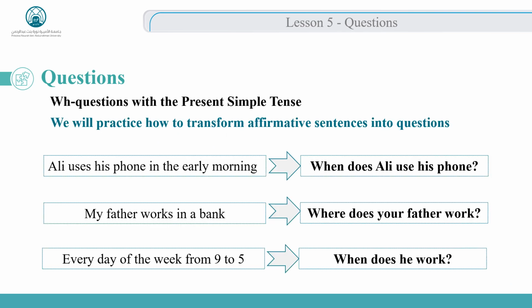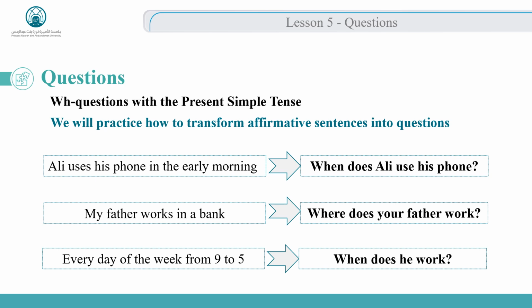The structure of the WH question would go like this. First, we start with the WH word, when, why, where, what, or how, and then we use an auxiliary like do or does, and then the subject or the doer of the action, and the rest of the sentence.